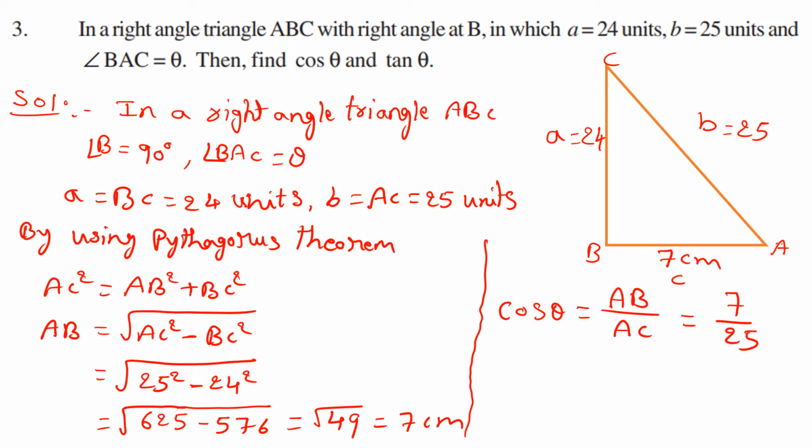Now tan theta equals opposite by adjacent, that is BC by AB, which equals 24 by 7. So that is the answer. By using the Pythagoras theorem, we easily find cos theta and tan theta.